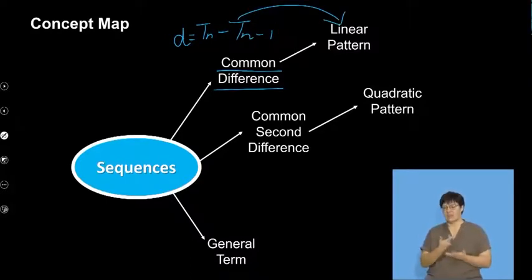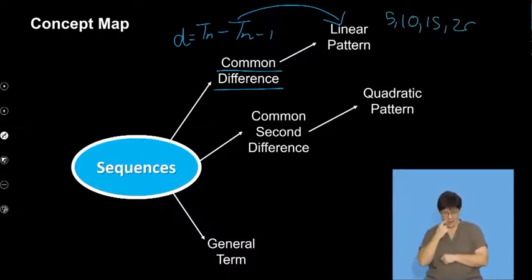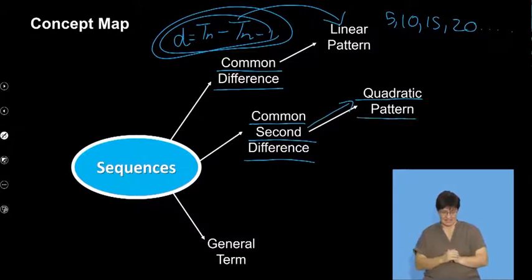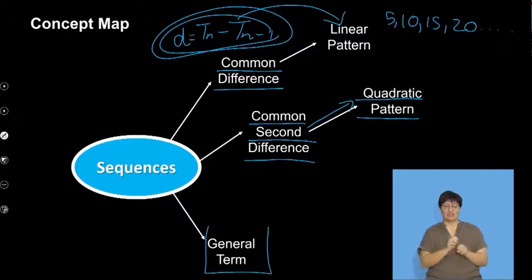So that's when it's like that example that I just said, which is 5, 10, 15, 20, going on. We can calculate a second difference by taking the differences of the first differences. And if it is a common second difference, it is a quadratic pattern. In the next lesson, I'm going to be defining the general term for a quadratic pattern, and we're going to see what calculations we can make using the nth term.